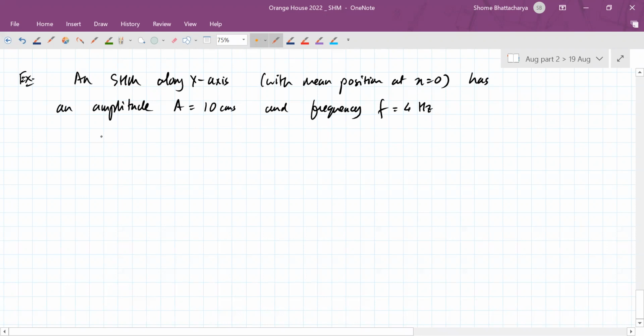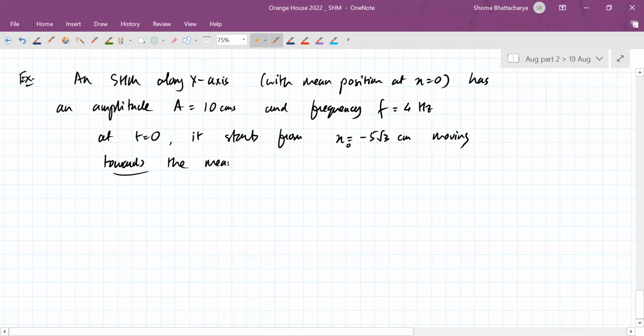Okay. At t equal to 0, it starts from x equal to -5√3 centimeters, moving towards the mean position.